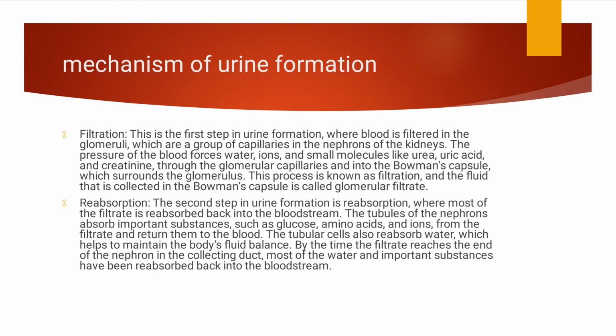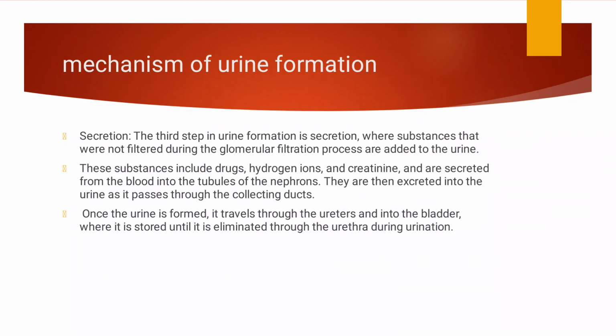The tubular cells also reabsorb the water. This will help us to maintain the body's fluid balance. By the time the filtrate reaches the end of the nephron in the collecting duct, most of the water and important substances have been reabsorbed back into the bloodstream.